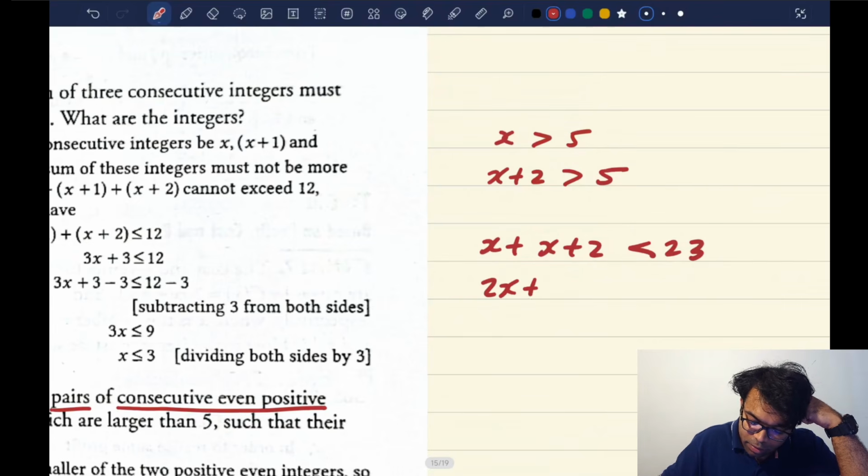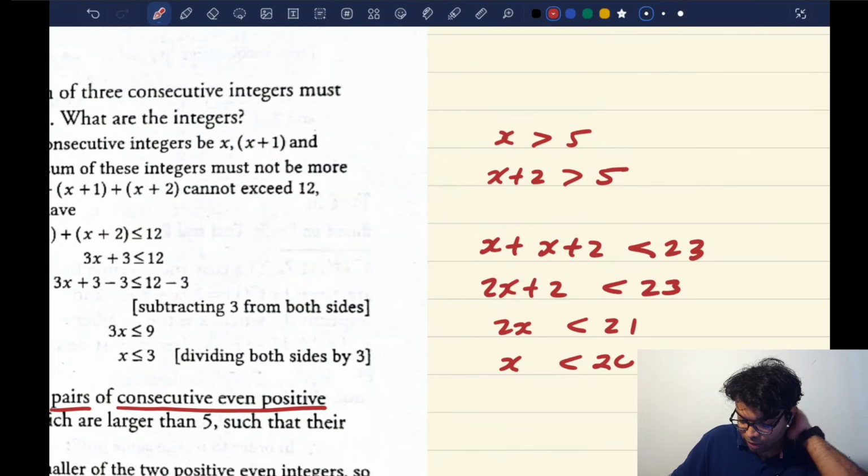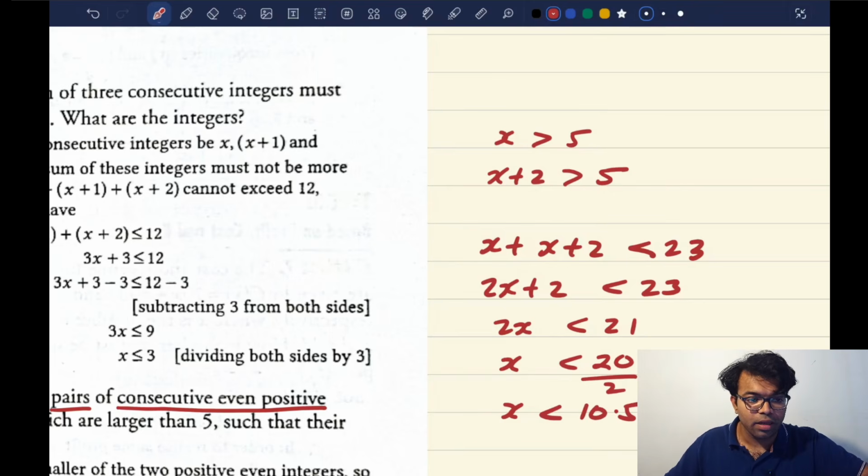So 2x plus 2 will be less than 23. 2x will be less than 21, so x should be less than 21 upon 2, x should be less than 10.5.